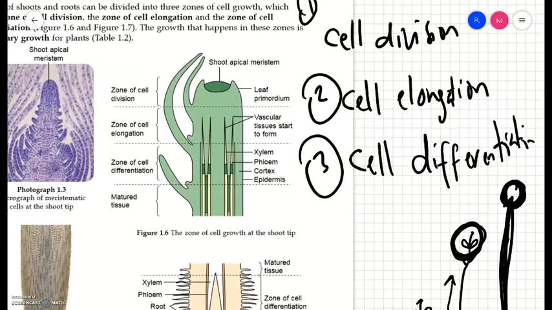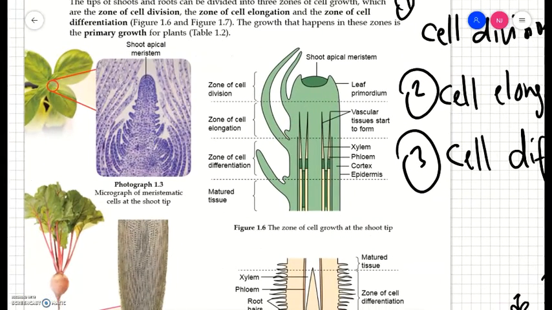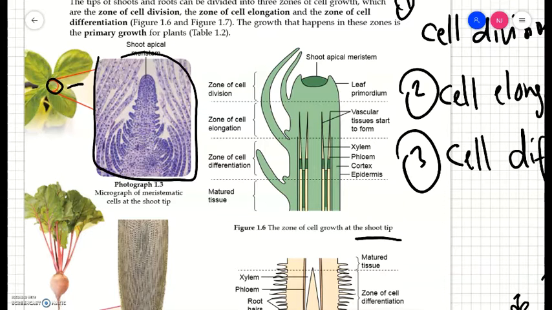Di sini zone division ni, bila kita tengok sekarang, we are looking at the shoot tip, hujung pucuk. Tengok dia zoom in tu 3 kali ni. Ini adalah hujung pucuk. Then this is the real micrograph of meristematic cell at shoot tip. Sekarang ini adalah dia punya lukisan.